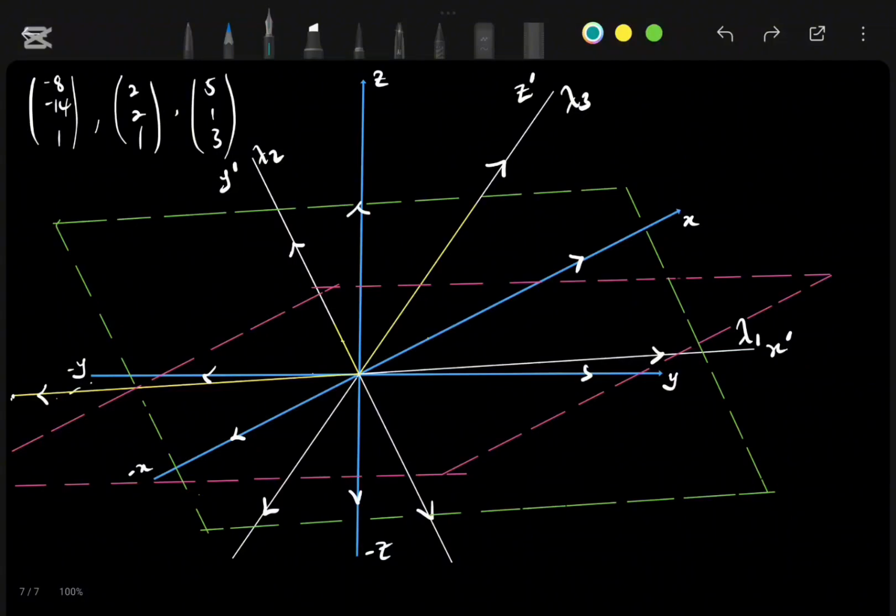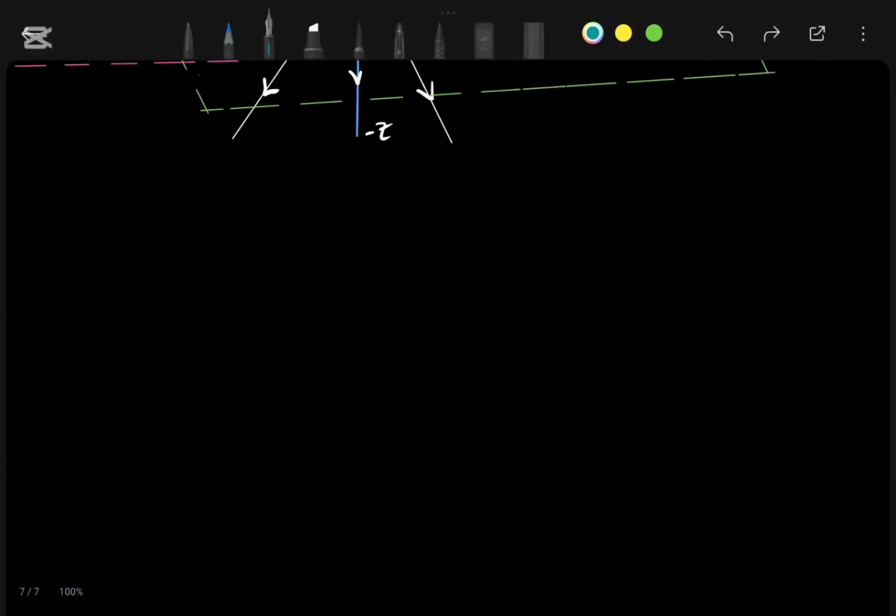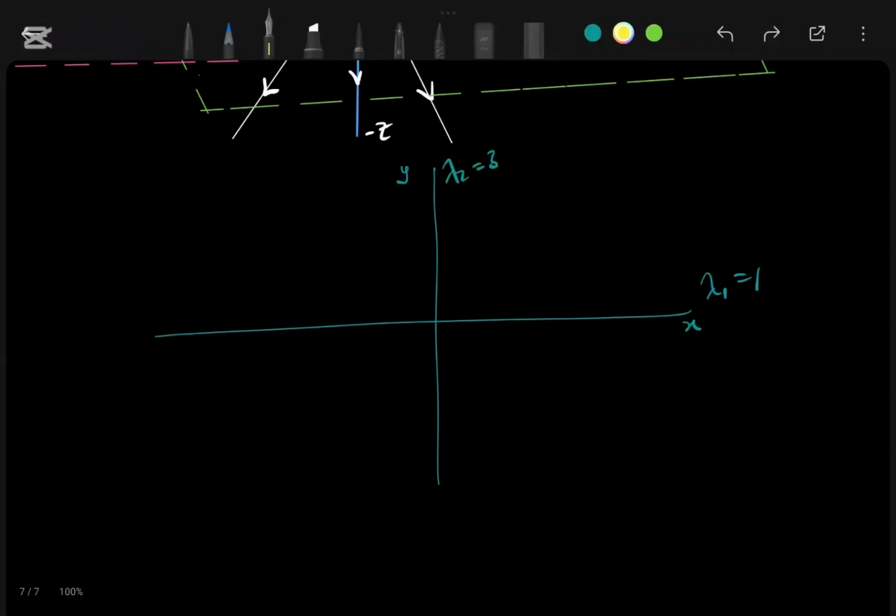If it was two-dimensional, if this was our system with our y-axis here and our x-axis here, lambda 1 to be 1 and lambda 2 to be 3 for the y-axis, our solution will always tend toward the one with the biggest eigenvalue. So our solution will be like this, out from the origin toward infinity.